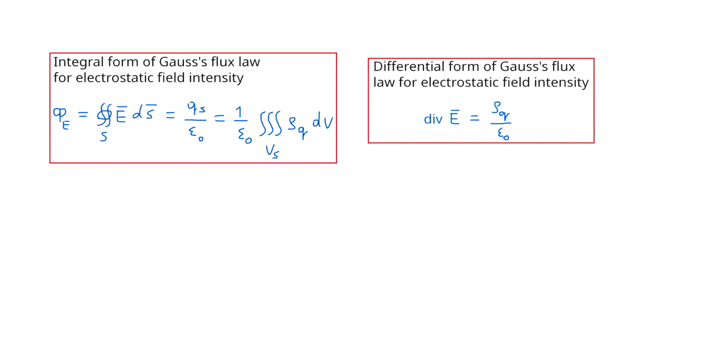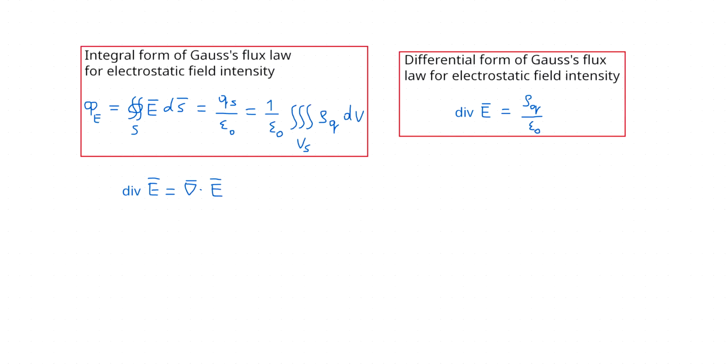We can remember from calculus that the divergence E is equal to the Hamilton operator or del operator multiplied by E. And we can also remember from our previous lecture that E, electrostatic field intensity, is equal to minus gradient of electrostatic potential.